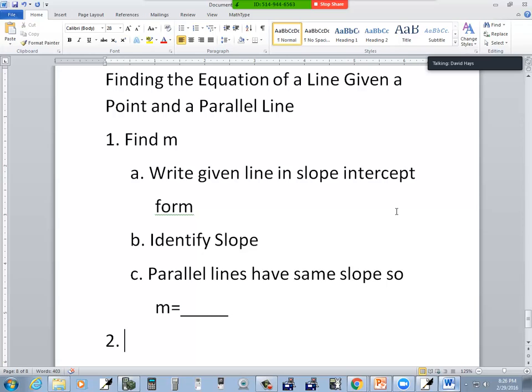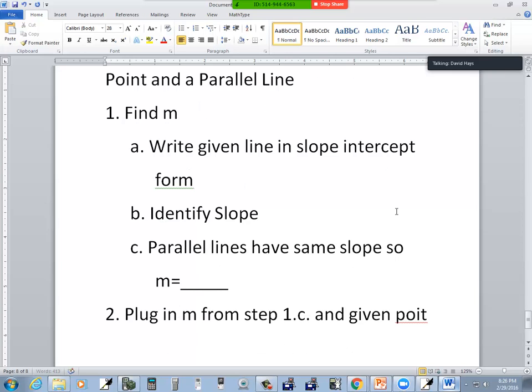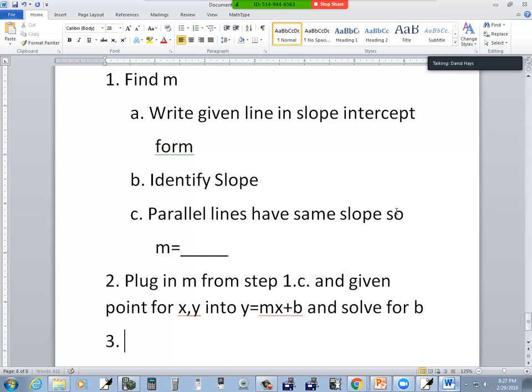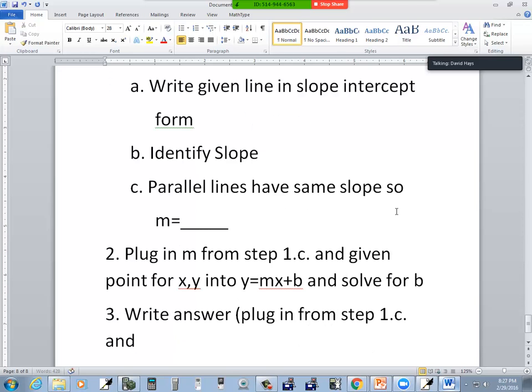And step 2, plug in m from step 1c and a given point for x and y into y equals mx plus b and solve for b. And then step 3 is write our answer. Plug in m from step 1c and b from step 2 into y equals mx plus b.